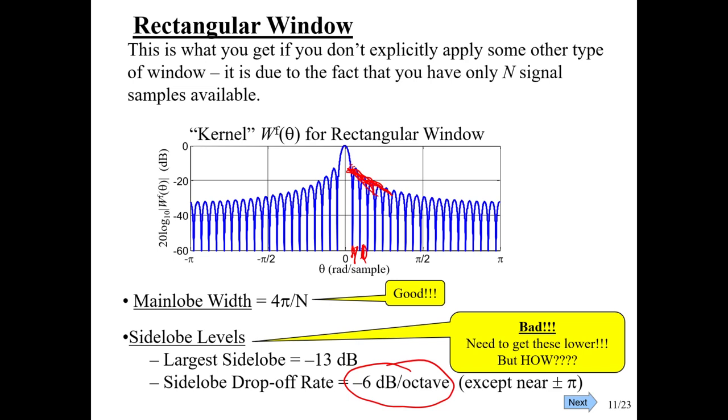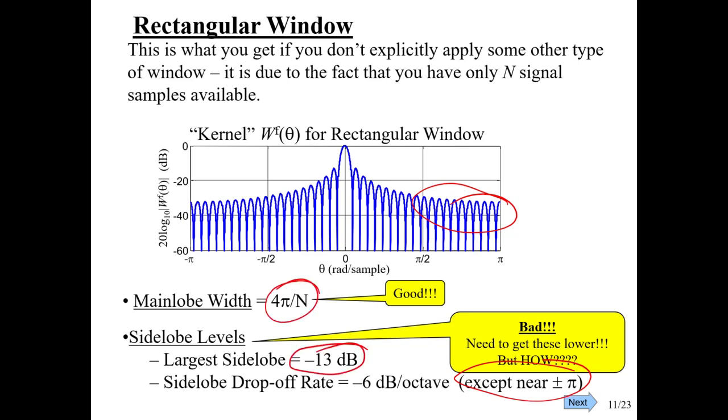It's not necessarily from side lobe peak to side lobe peak, but if you just draw a line along the top, you'll see that it has that slope of approximately minus 6 dB per octave, except when we start getting out here. Okay, so keep those in mind. The width, 4 pi over N, largest side lobe height, and the drop-off rate.